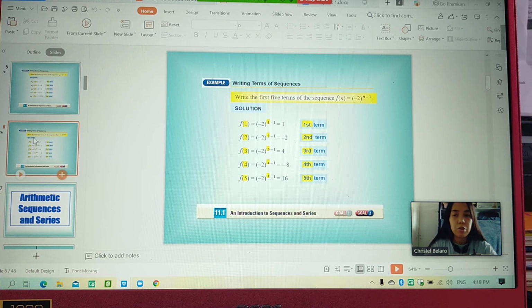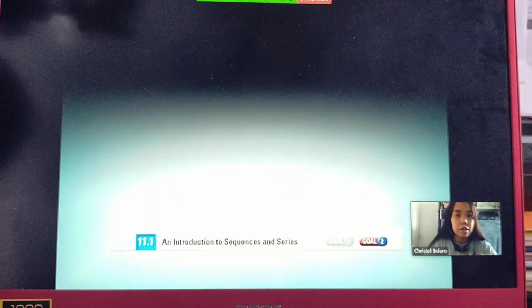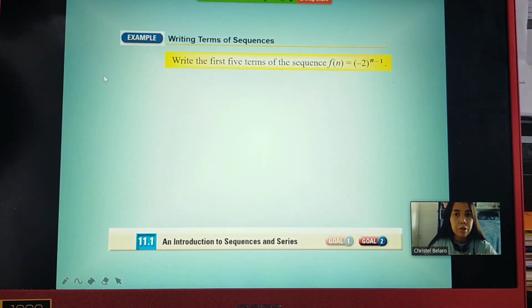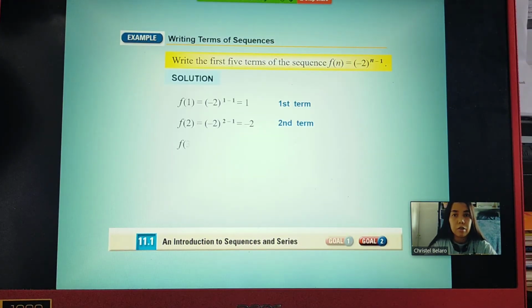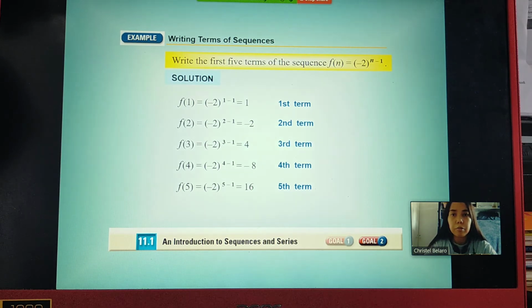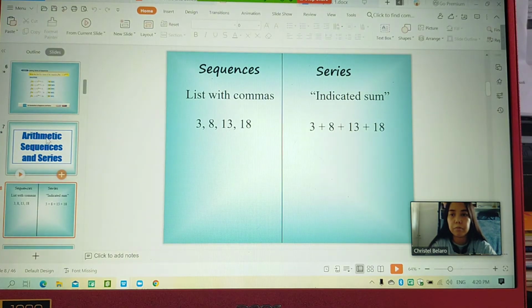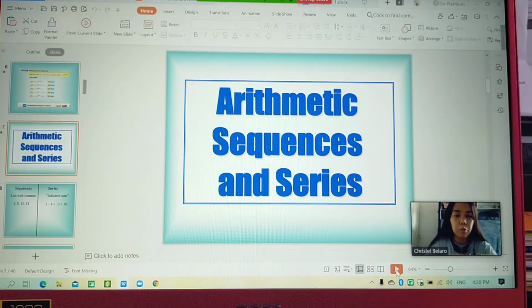No more questions? Okay, so let's have arithmetic sequences and series. What do we mean by arithmetic sequence and series? How do we know if the given sequence is an arithmetic?